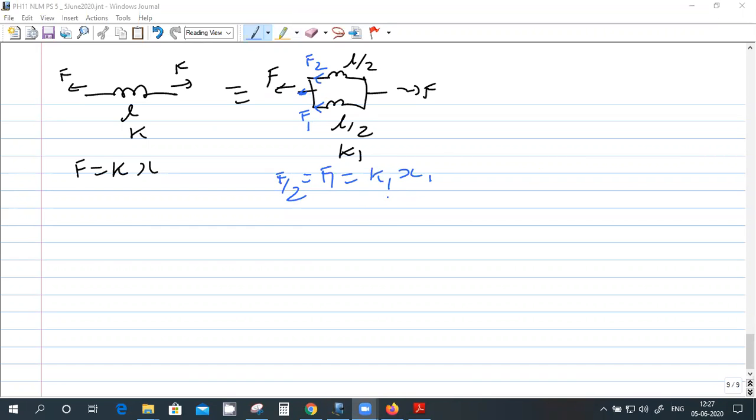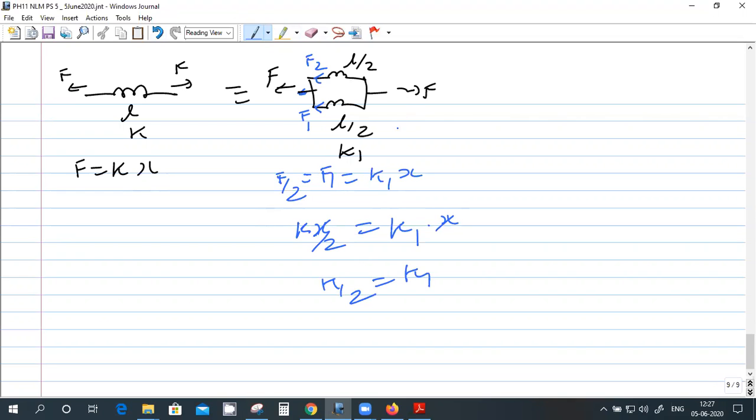So to create the same extension here, K1 will be, F is Kx by 2. So K1 is K by 2.